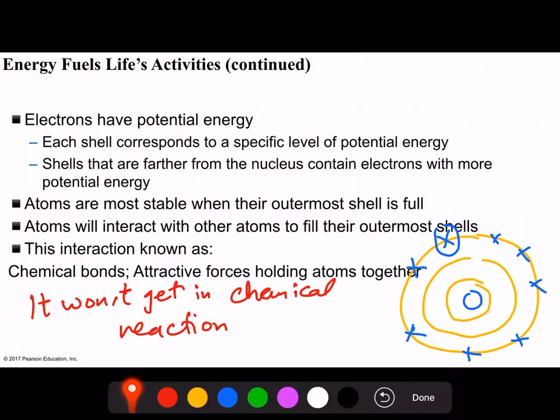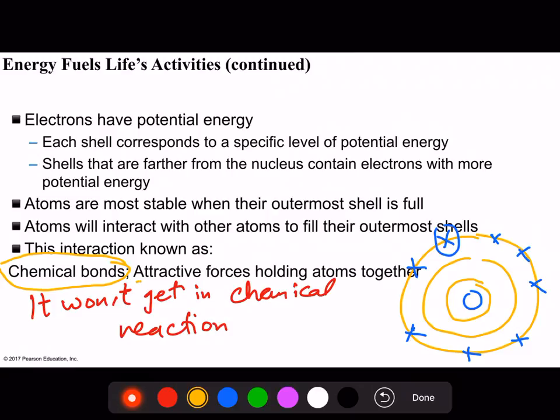Okay, so most of these atoms in nature are active atoms. They are going into chemical reactions, and they are forming chemical bonds.